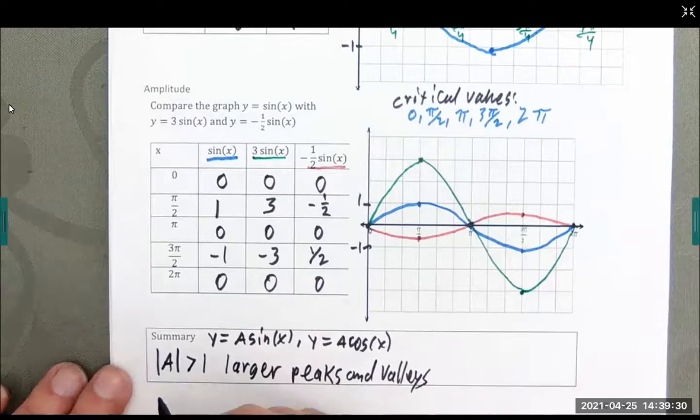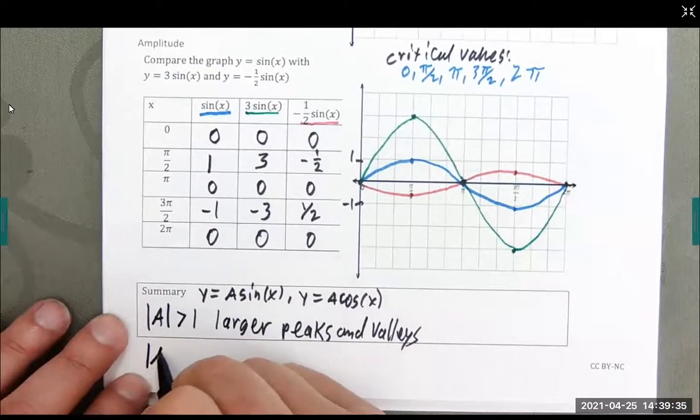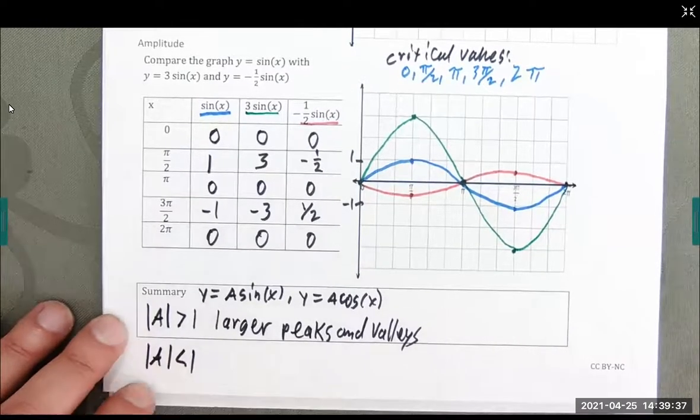If the absolute value of a is less than 1, then it's smaller.